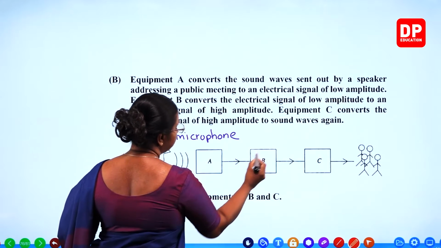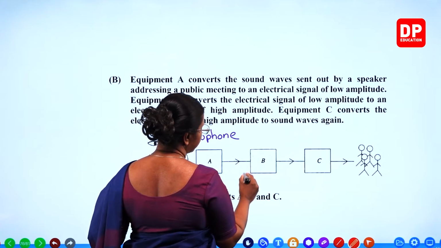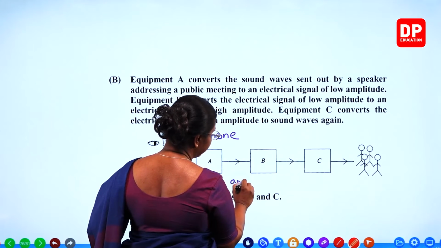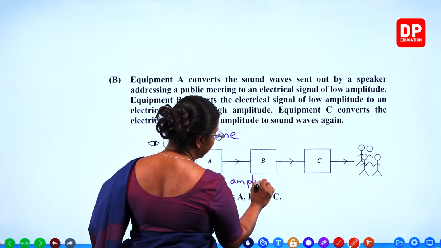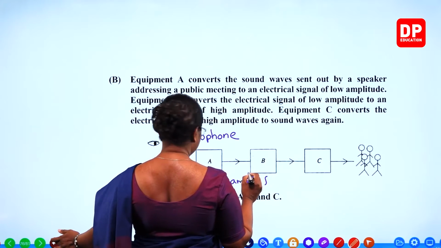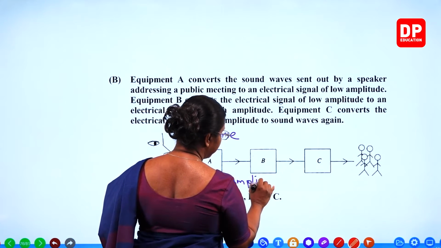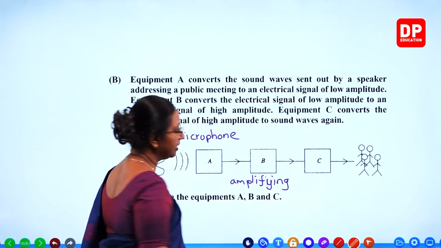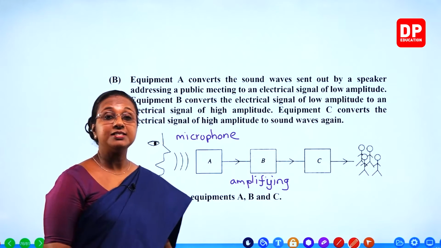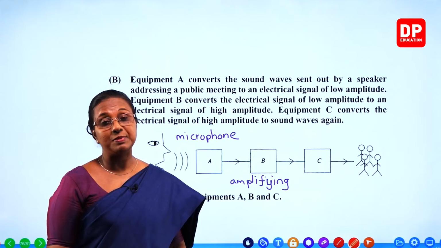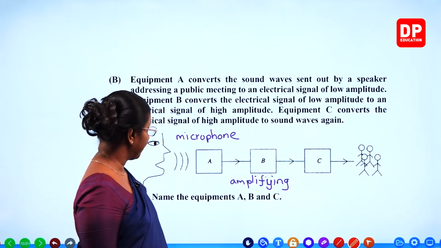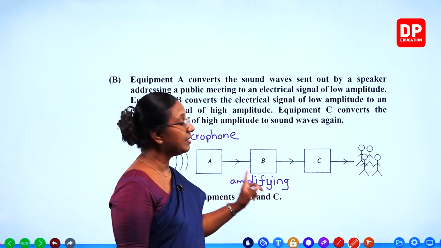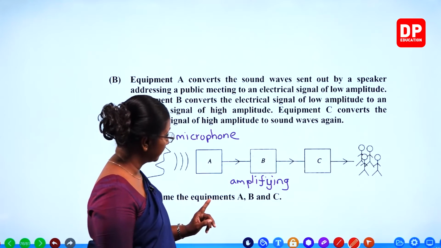Then there in B the amplitude increases. So this is amplification, or we can say amplifying process. You all know transistors act as sound amplifiers and signal amplifiers as well. So here the amplifying process takes place.